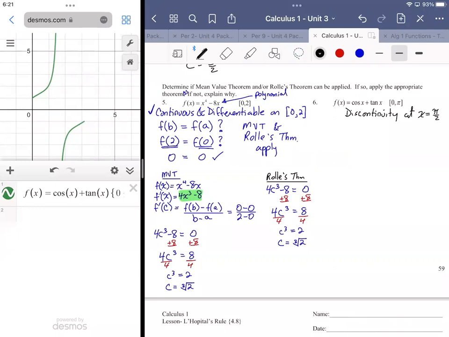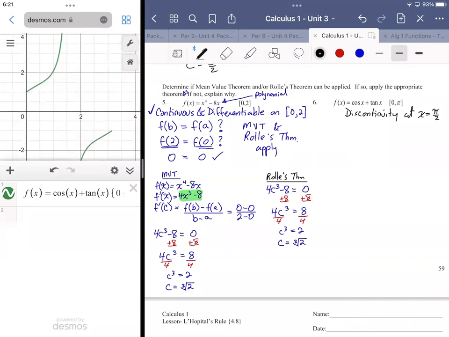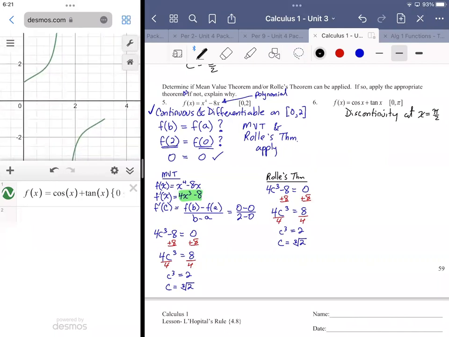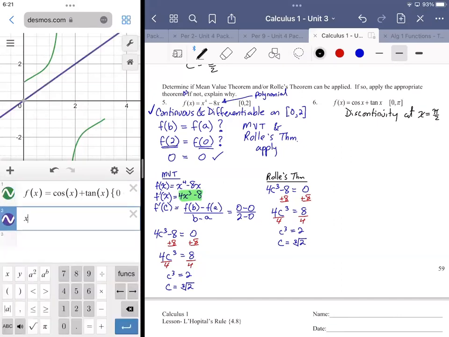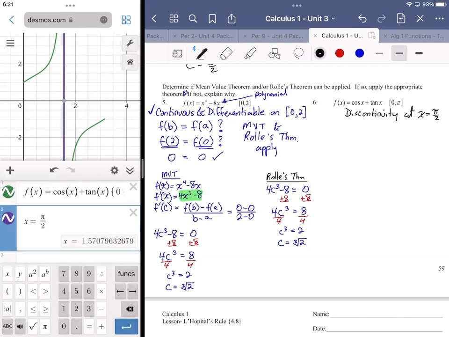Now, you might look at it and say, well, where are you getting that x equals pi over 2? Well, I'll explain a little bit more about how you can tell from the function in a second. But here's the beginning of the interval at 0. Here's the end of the interval at pi. It looks like the break is about halfway between the beginning and the end. So if you're eyeballing it and you had to take a guess, assuming that it's going to be some nice value, that's probably what you're going to guess.